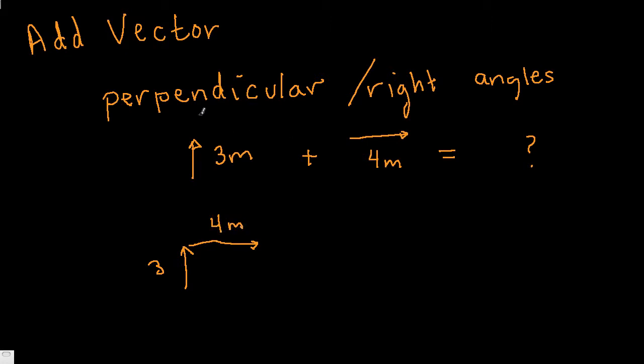Now, this is for perpendicular or right angles, so I know that this is 90 degrees, like that, and my resultant is going to be straight across here from the first tail to the last tip, from the start to the end. So going up and over is like going across. So we're trying to find R.